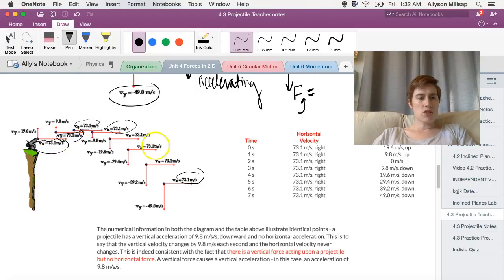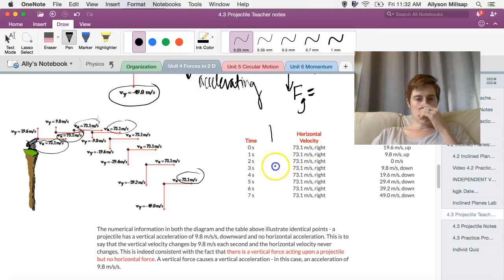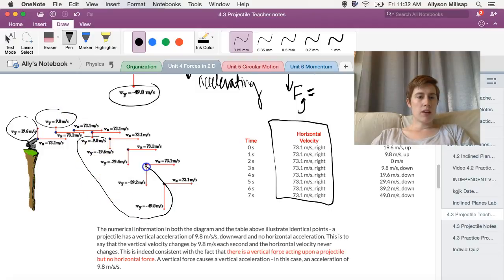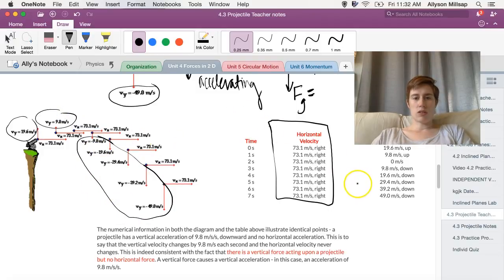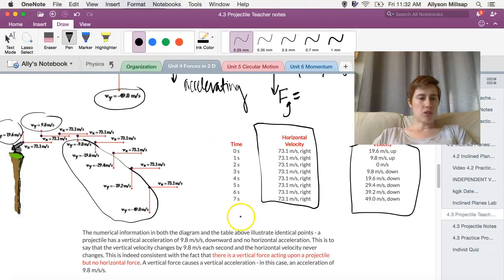So all the ones I just circled, those are the vertical forces. They're not changing. I mean, the horizontal force. The horizontal speed is not changing because there's no horizontal force. The vertical speed here is changing because there is a vertical force.